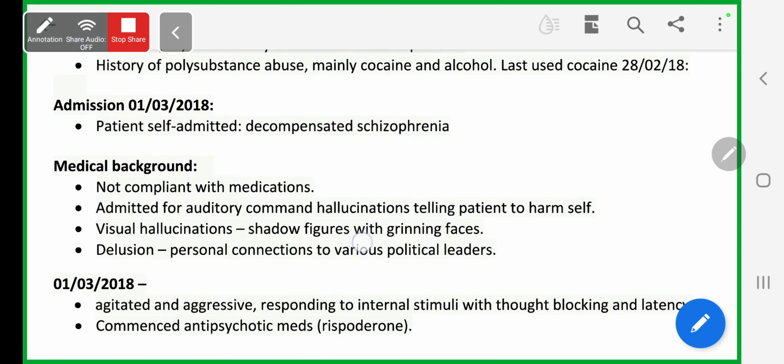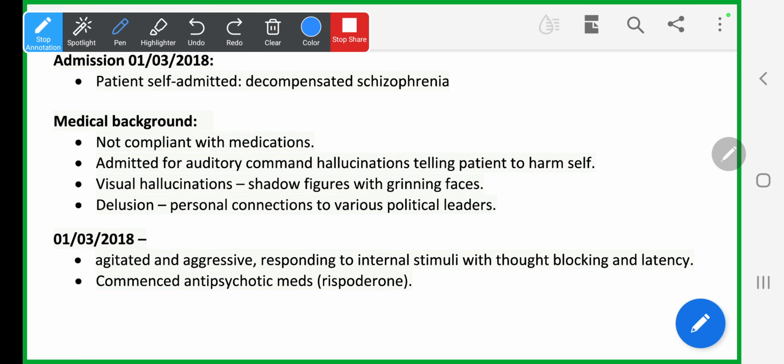Anyhow, now we can see the second point that is also important to be discussed over here. The patient was admitted with a state like decompensated schizophrenia. We see the medical background is non-compliance with the medication. The GP already knows this thing, if it's a behavior.